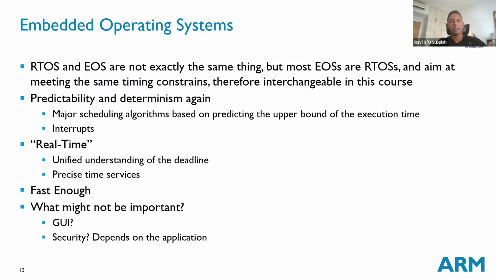They are in a sense interchangeable, because the whole idea of RTOS came about because most of these real-time requirements are in embedded devices, correct? Because in general purpose systems like your computers and laptops, you don't really have any real-time deadline.